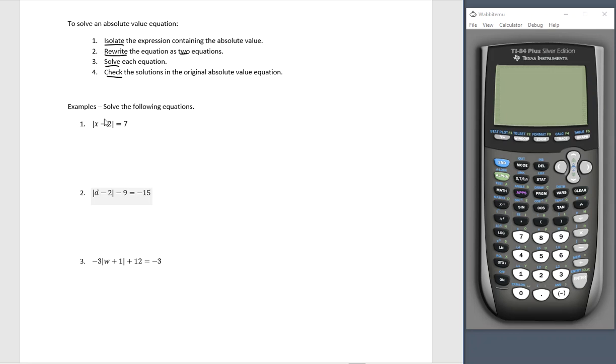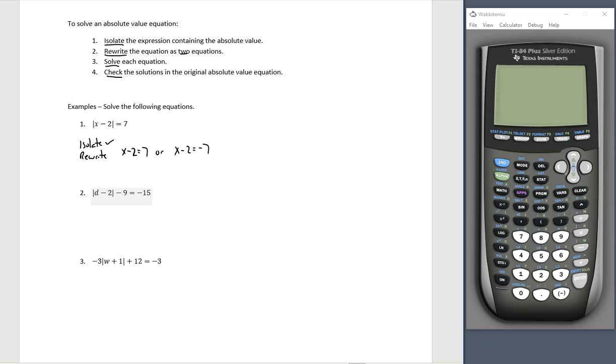First of all, I have the absolute value by itself, so I have isolated the absolute value. Fantastic. Isolate, done. The next step is rewrite. We take our expression: x minus 2 equals 7 and x minus 2 equals negative 7.